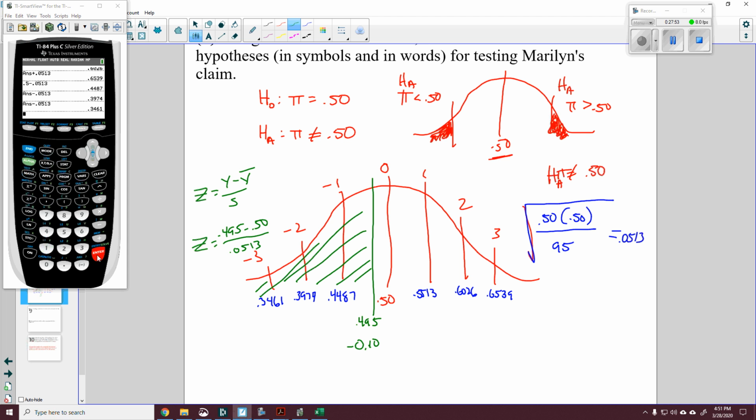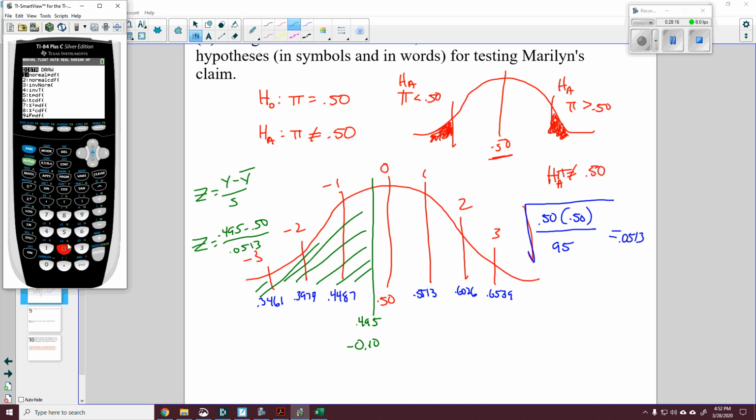So going over to the calculator, second distribution, I'm going to calculate this area under the curve right there. That's my probability of getting a sample of 95 games that has 49.5% or less Big Bang games.